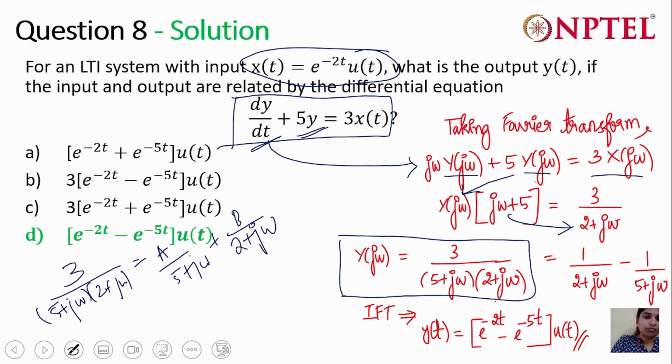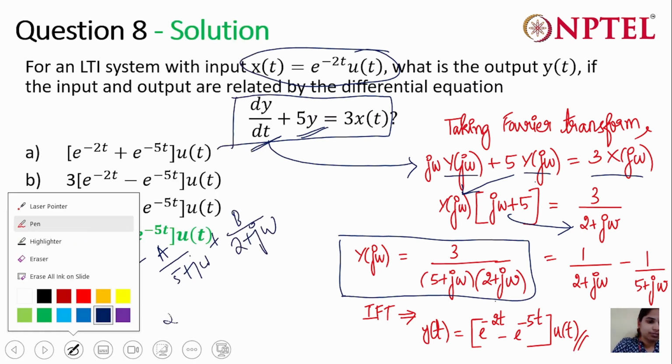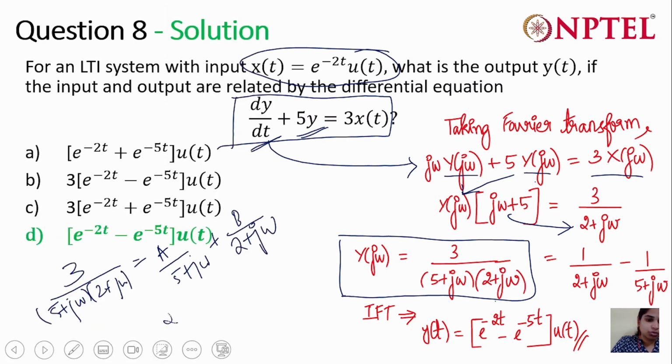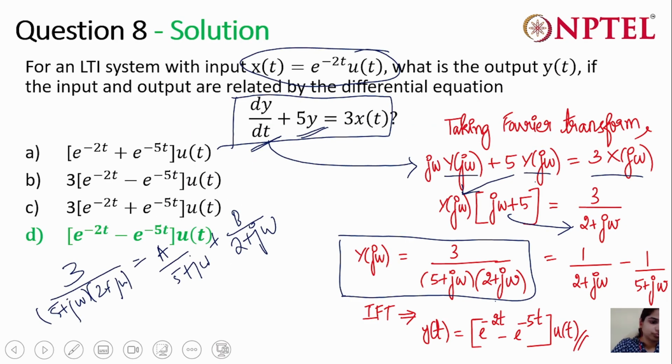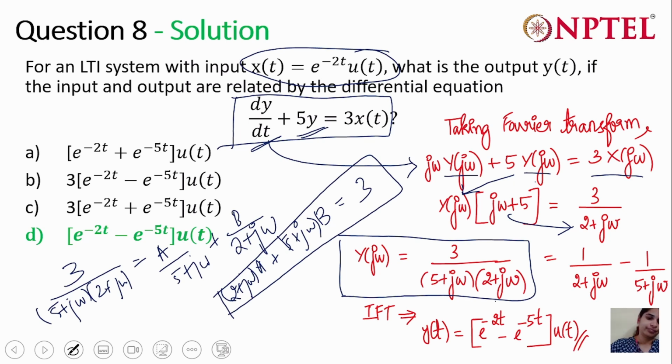Now, what can we do with this? So 2 plus j omega into a plus 5 plus j omega into b is equal to 3, right?